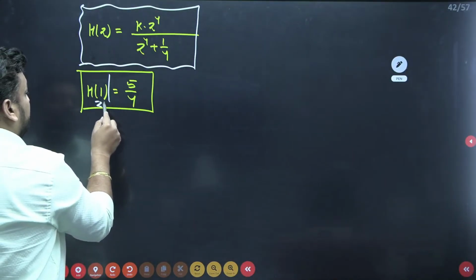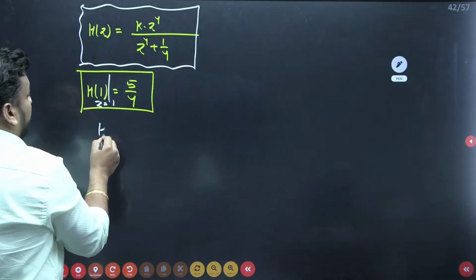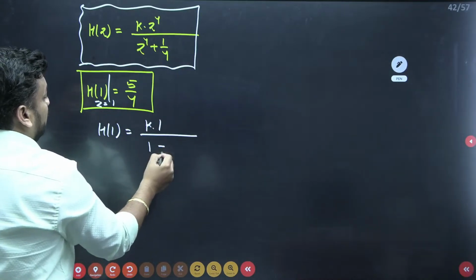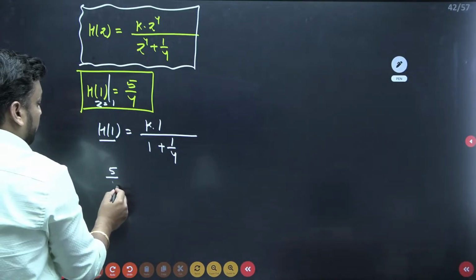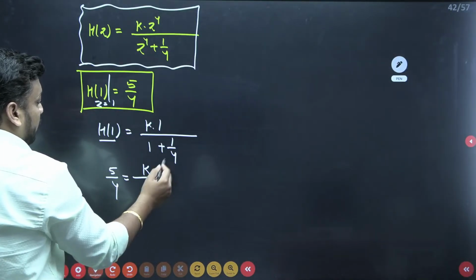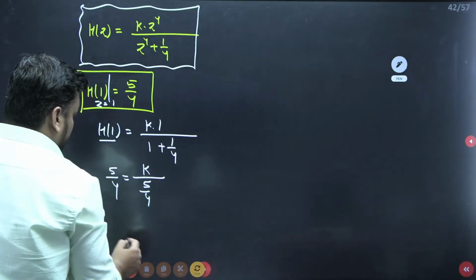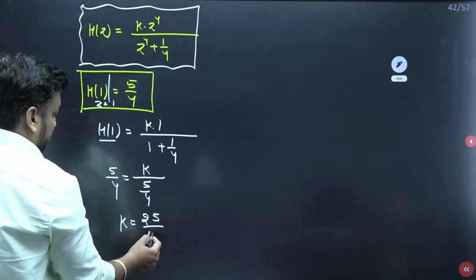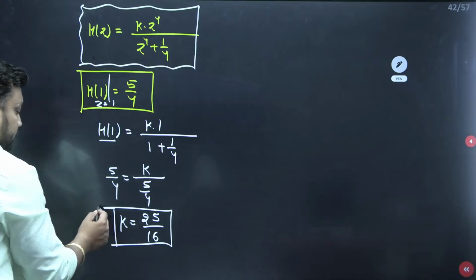So if I put this value here, I will get k·1 upon 1 plus 1 by 4, and H(1) value is given 5 by 4, equal to k upon 5 by 4. So ultimately your k value will be 25 by 16.